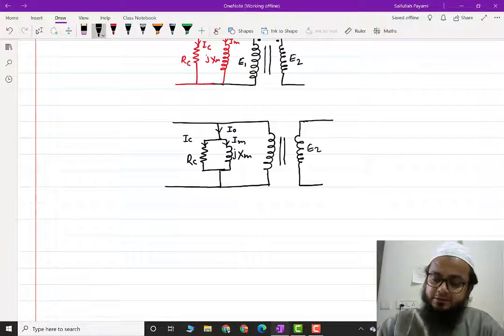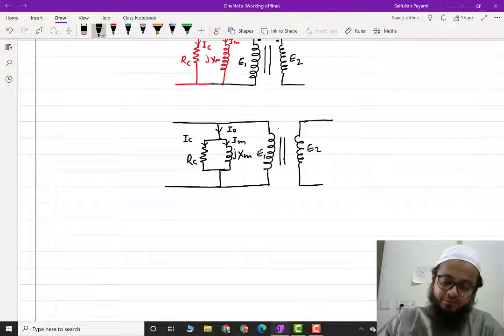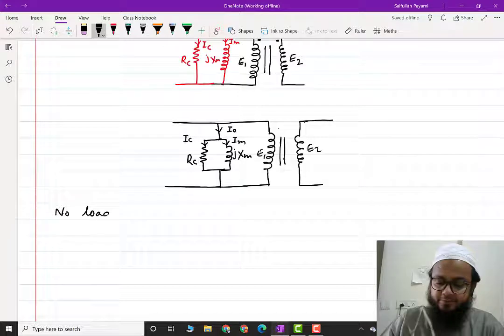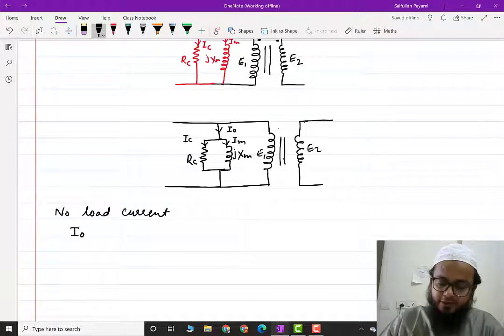This is E2, this is E1. The no load current I0 comprises IM plus IC.